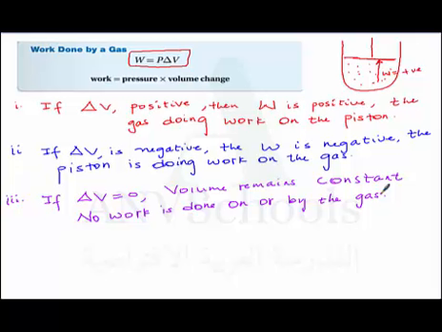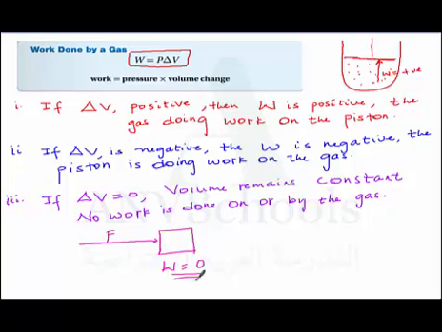This is similar to applying a force on an object: we are exerting force, but this force cannot make the object move, so the work is zero.